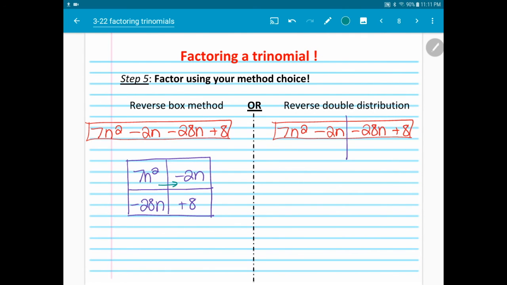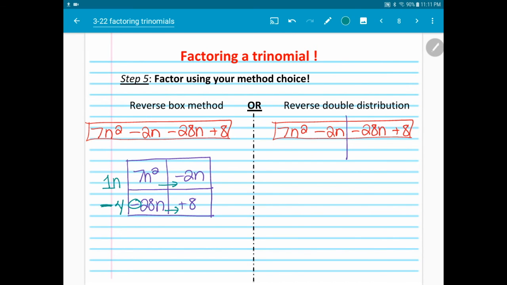Okay. So, out of these two terms, I have an n, and 7 and 2 don't divide anything except 1. These two terms, I have a negative in front. So when you're doing this and you see a negative in front, you should take that out. That is the best trick I can explain that. And our GCF is going to be 4.